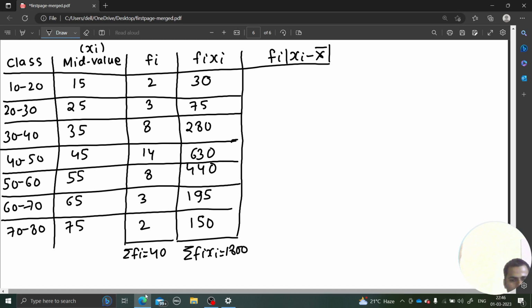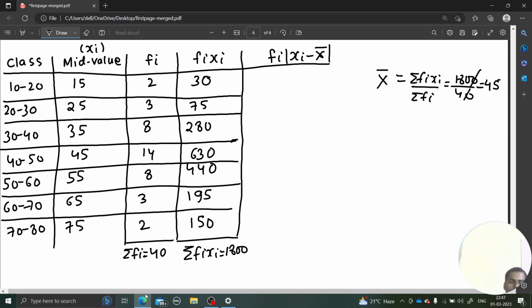So roughly I can calculate my mean from here, which is going to be summation Fi xi divided by summation Fi, which is 1800 by 40. So this will come out to be 45, I think. 40 into 4 is 160, into 4 is 25. So this is coming out to 45.